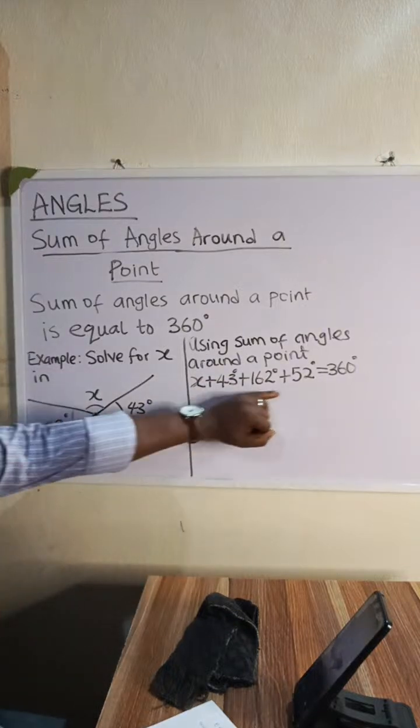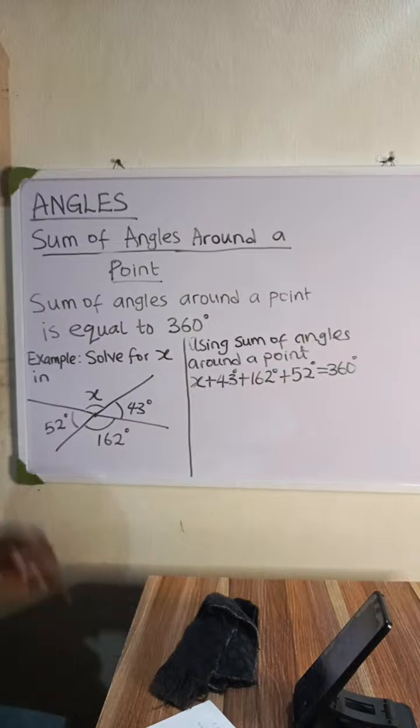So when you add these three angles together, what are you going to get? 43 degrees plus 162 degrees plus 52 degrees. What are we going to get? 257 degrees.